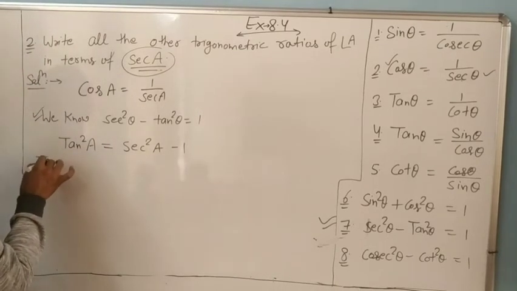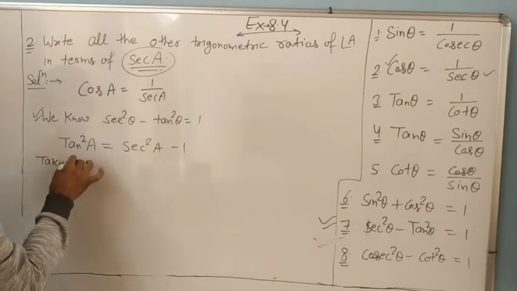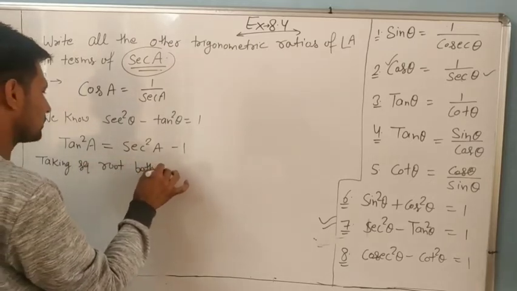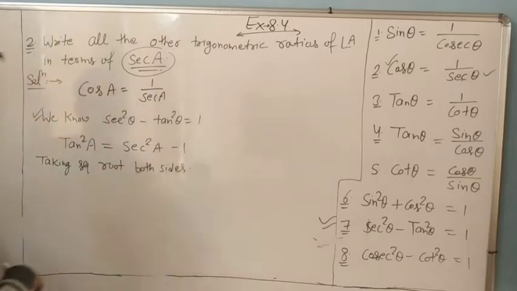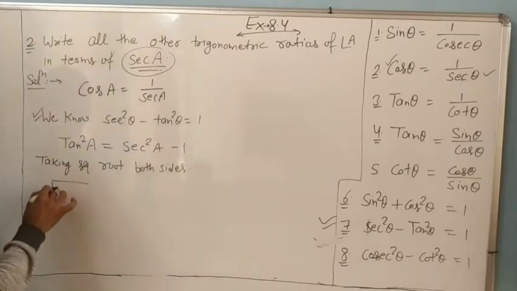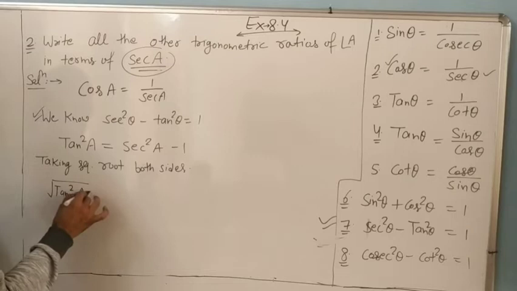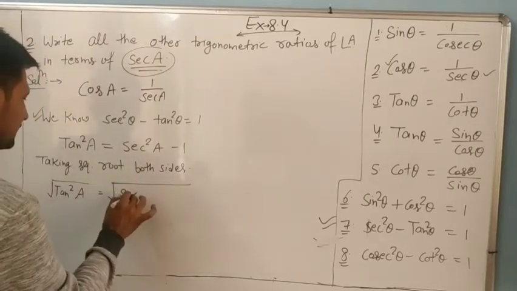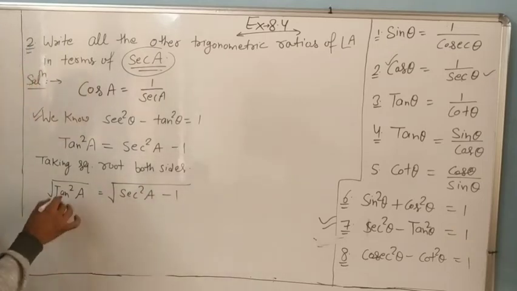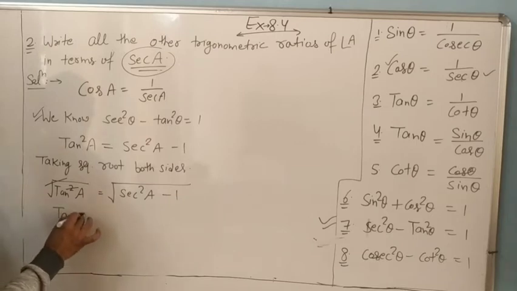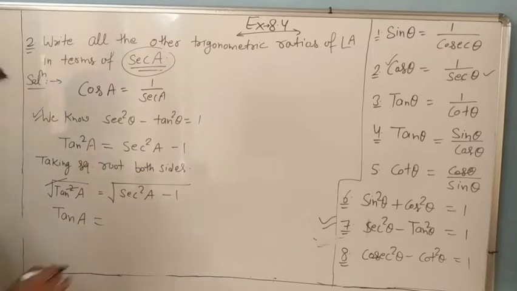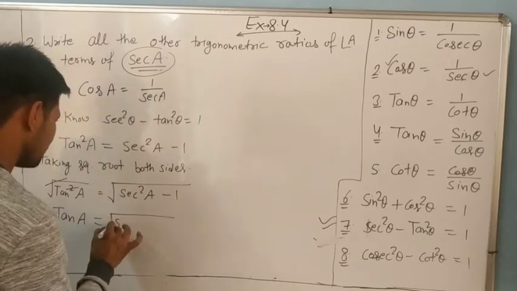So you can write, taking square root both sides, tan square A equal to square root of the whole, secant square A minus 1. Square cancels with square root. What is tan A equal to? Can we cut the square with this one? No, because the minus sign is also there. So it is your answer.